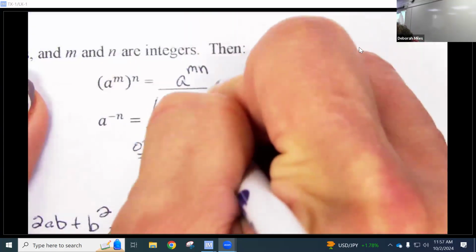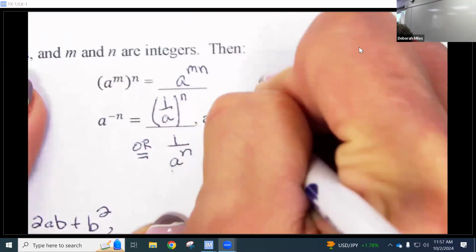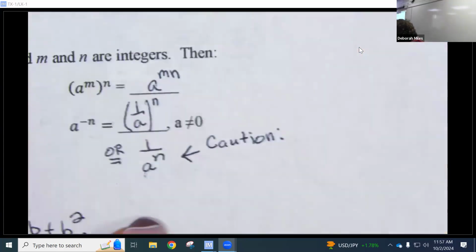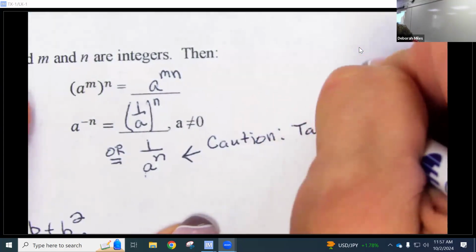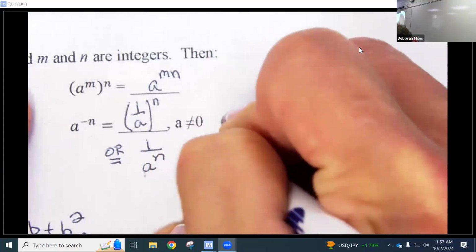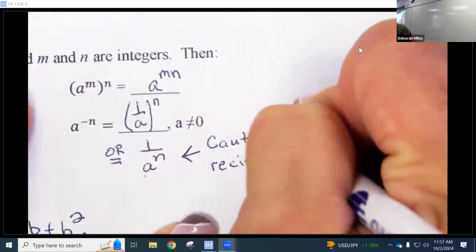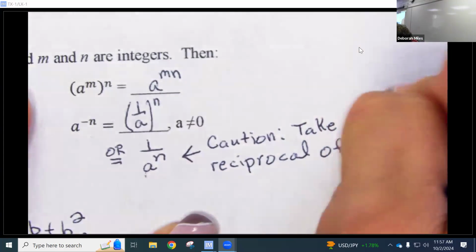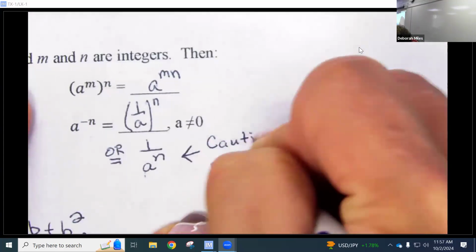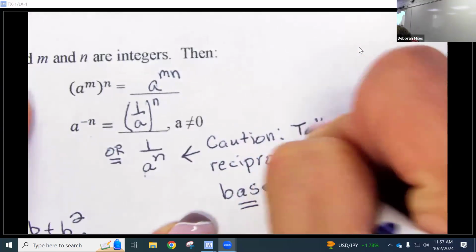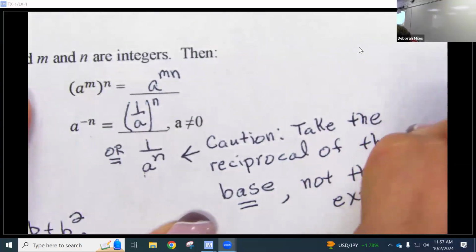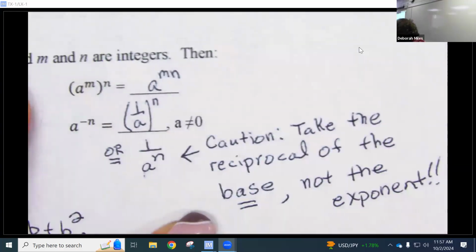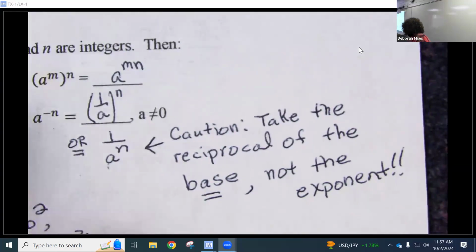So I'm going to put caution right here. Take the reciprocal of the base, not the exponent. That probably deserves 2 exclamation points and a highlighter.